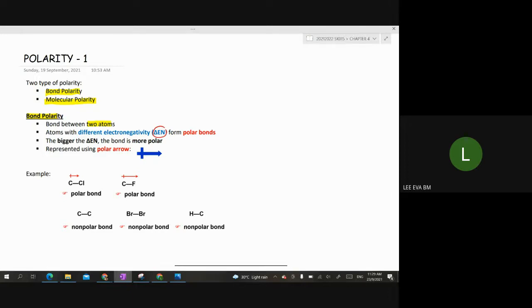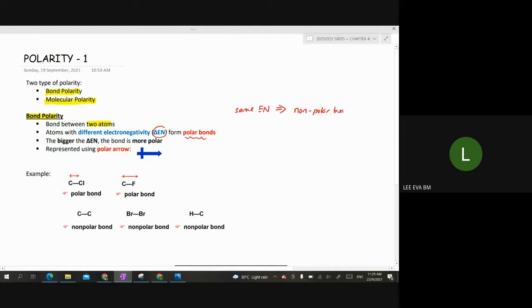Okay, if there are differences, then that means this will be a polar bond. In other words, if the electronegativity is the same for both atoms, therefore it will be a non-polar bond. Okay, so you can jot down over here, same EN, okay, refer to non-polar bond.